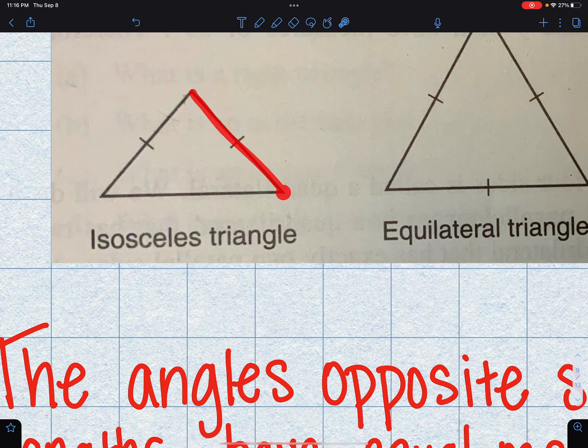What angle is opposite to it or not touching it at all? It's this one. I kind of think of it as this angle is pointing to that side. So that's what's opposite that segment. Okay, so keep that angle in mind. In fact, I'm going to use this segment, okay, and this angle.